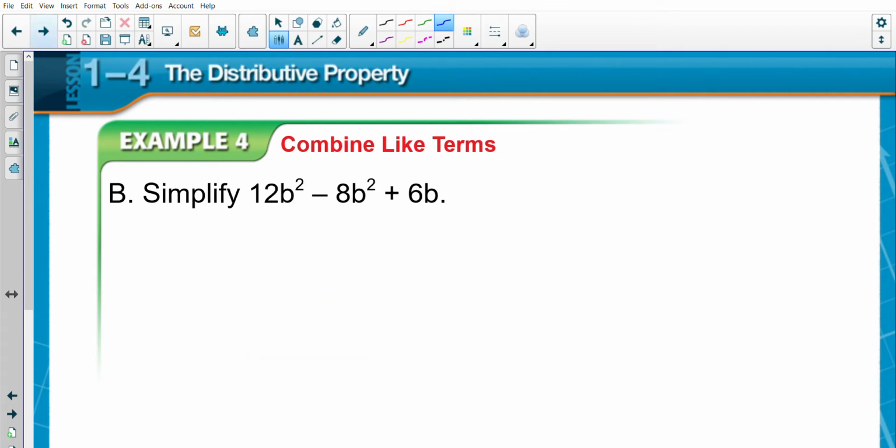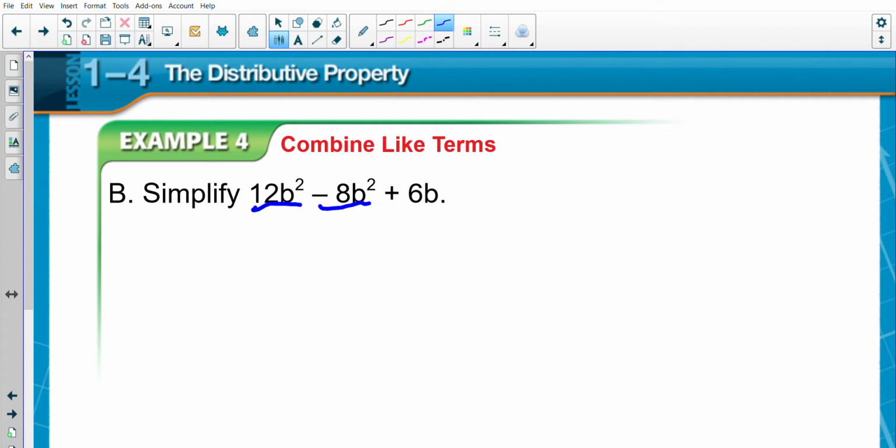Once again, let's look at this one and combine like terms. Let me slow down, let everybody write it down. Off the jump, what are my like terms? 12b squared and negative 8b squared. What about 6b?